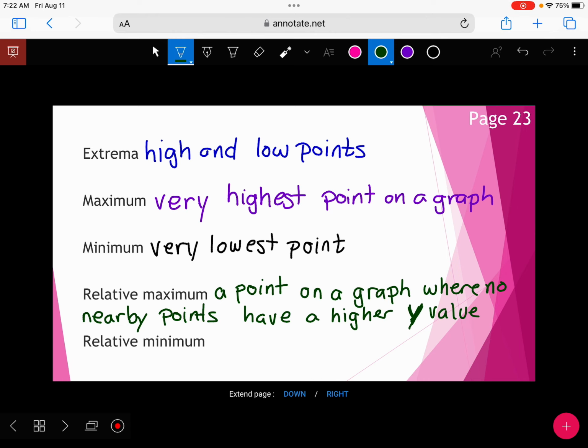Baby mountain. So it could be that we have a graph that goes big peak and then little peak. The big peak would be the maximum, and the little peak would be a relative maximum. We'll look at what it looks like.